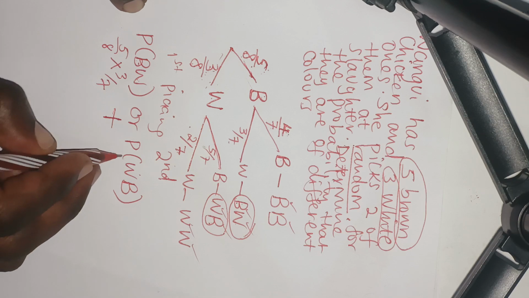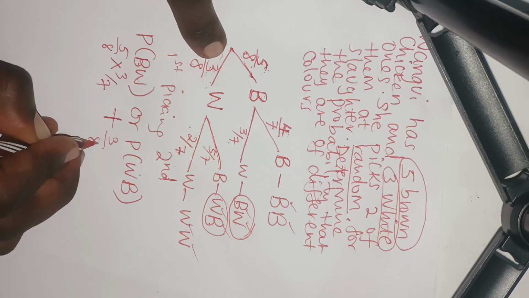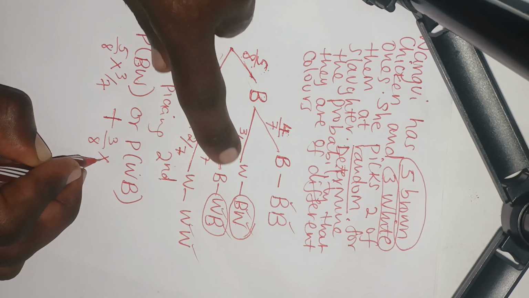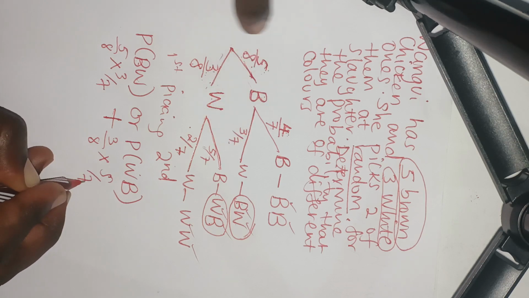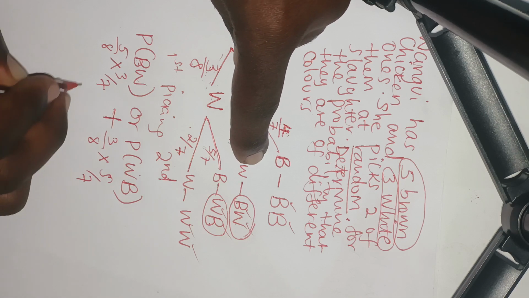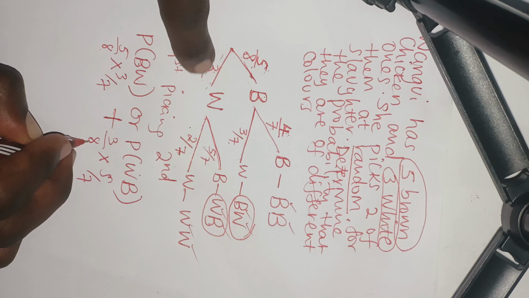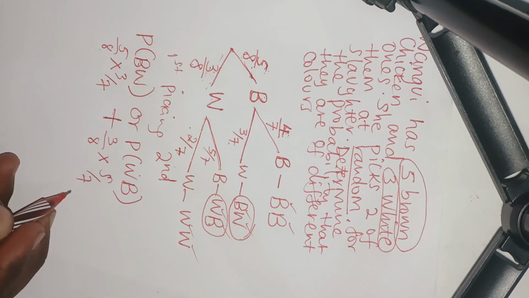Any of them can work for us, as long as the 2 chicken are of different colors. Then white brown. So white, 3/8, then brown, 5/7. So brown, 5/8, white, 3/7 for the first case. The second case, white, 3/8, then brown, 5/7.